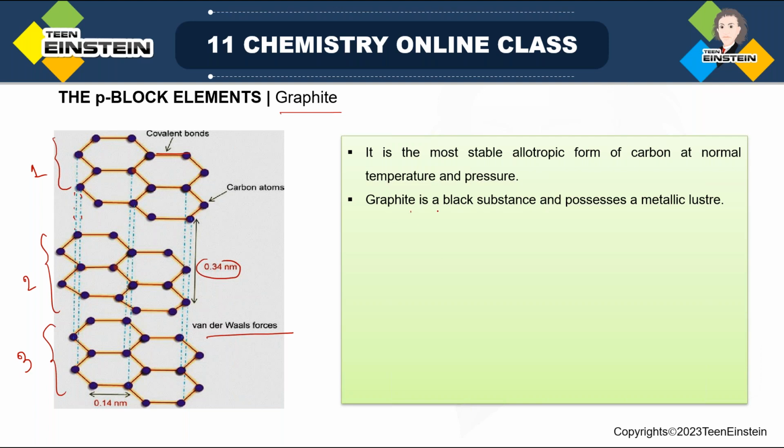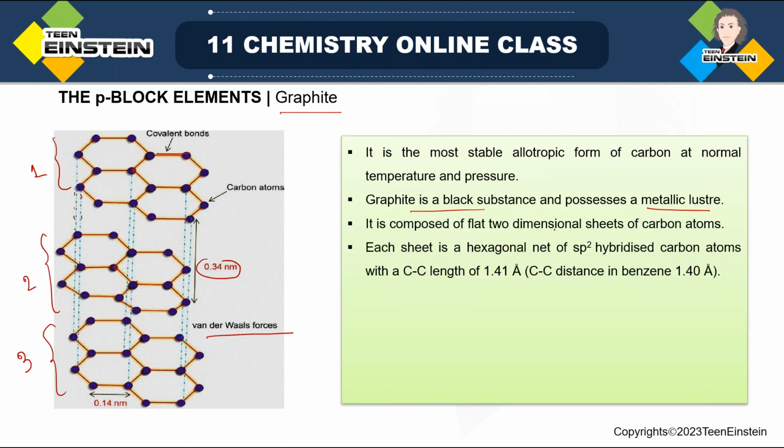If you look at graphite, it will look black when it is in a very dense condition. But if you break it and make it into powder form, you will see it is a very deep grayish color. And there is also some metallic luster present.